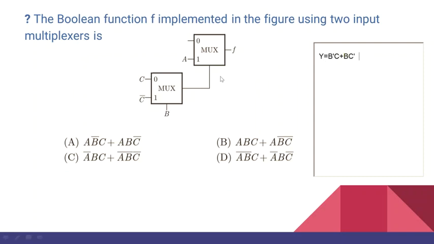Then this is given to the second multiplexer. Here the input is 1, A when y equals 1. So F equals what? YA. Alright. F equals YA. We can substitute y from the above and we can expand that there, and we will get F as A B bar C plus A B C bar. This is also option A.